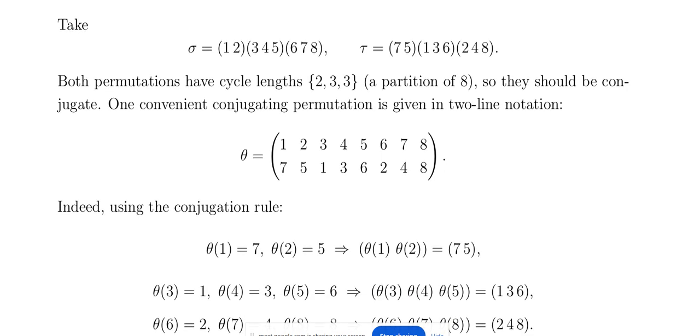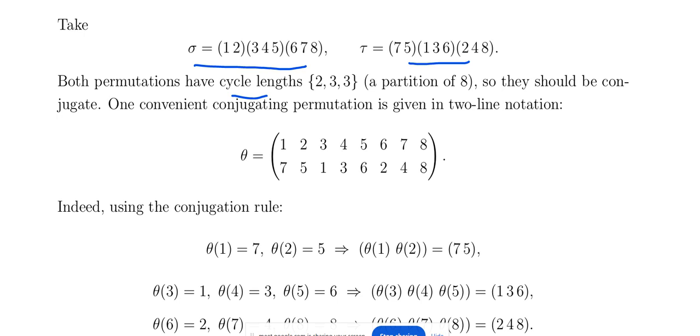That is the idea, and here sigma equal to this, and tau equal to this. Both permutations have cycle length 2 3 3, correct? 2 3 3, that is a partition of 8, okay, so they should be conjugate.